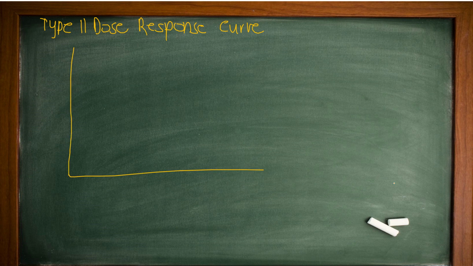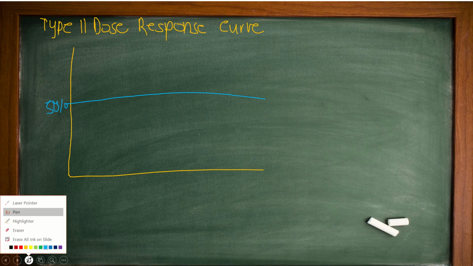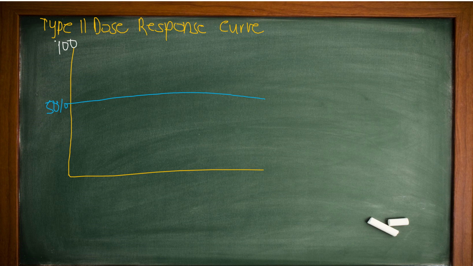Perfect. So we have here a 50%. Kailangan natin gumamit ng mga ibang kulay dito, class. So here, 50%. Imagine mo lang straight yan. And here is your 100%.